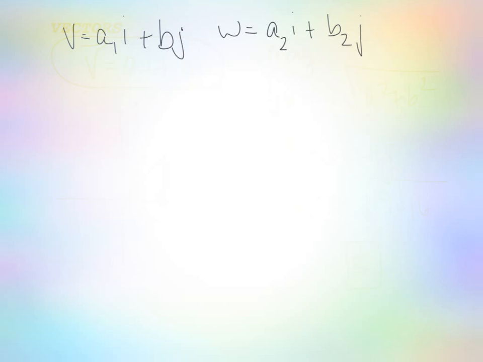Now I'm going to talk a little bit about vector addition and vector subtraction. So these are your two vectors: vector v and vector w.